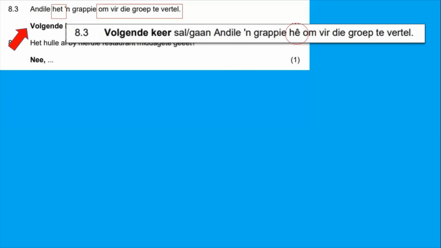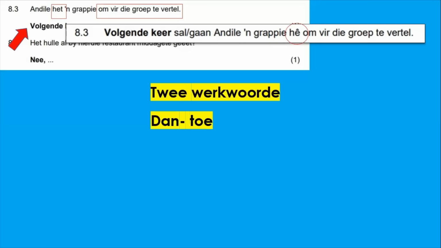So number 1, they asked past tense questions, verlede tyd, as well as future tense, toekomende tyd. Okay. For the past tense, they like to ask the 2 werkwoorde. So when we have 2 verbs and you need to check, can they be done at the same time? Also, for past tense, het had to change to ge. Then, for future tense, the het, when you have something, changes to hê.